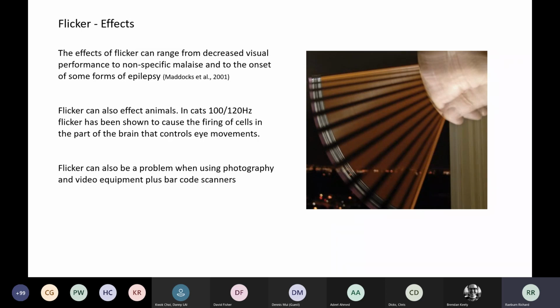But if I moved to 25 frames a second, it completely went. And it turns out that as long as your frame rate is a divisor of the frequency of the ripple or the flicker, then it shouldn't be a problem.